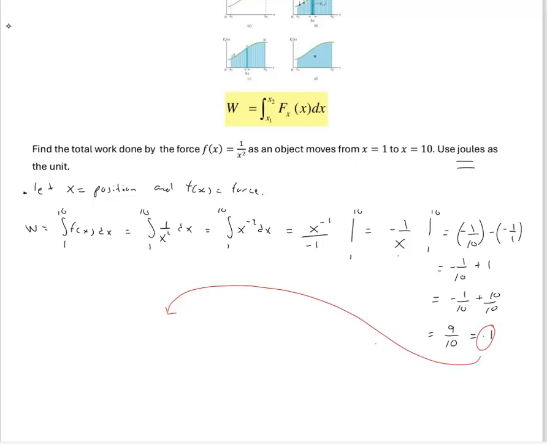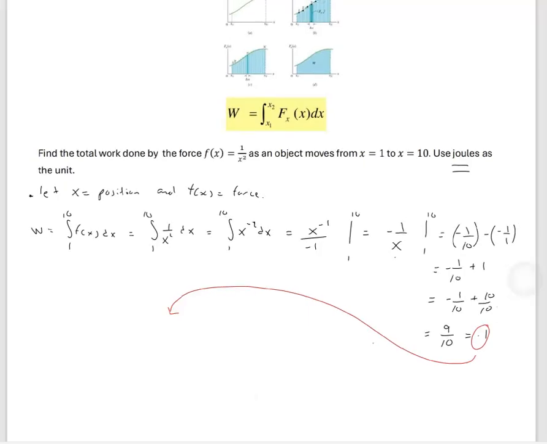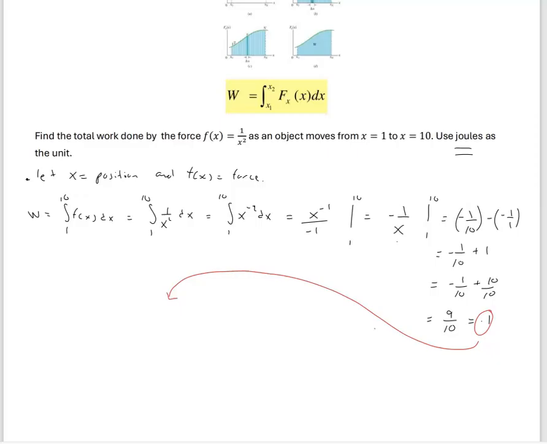If it doesn't mention, you can just put units, but technically this is work, so we need to state some sort of a unit. So let me just rewrite it as the total work done by f of x from the position of x equal to 1 to x equal to 10 is a total of, in this case, 9 over 10 is 0.9.